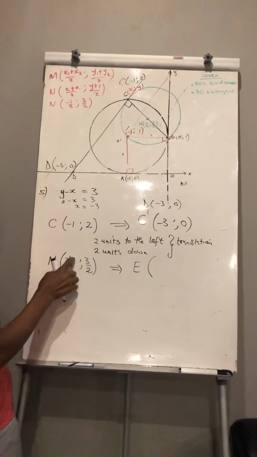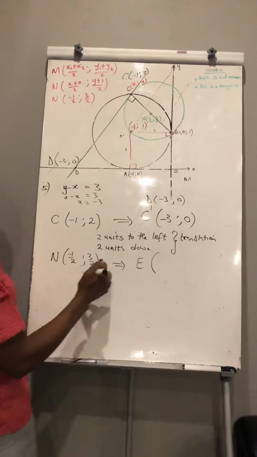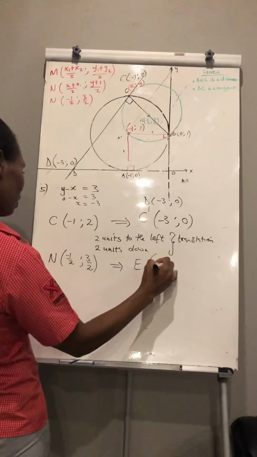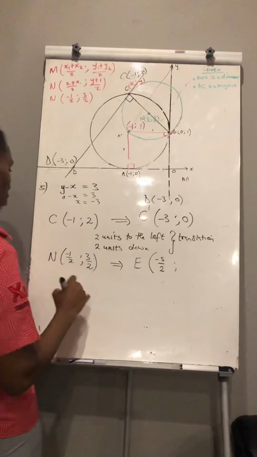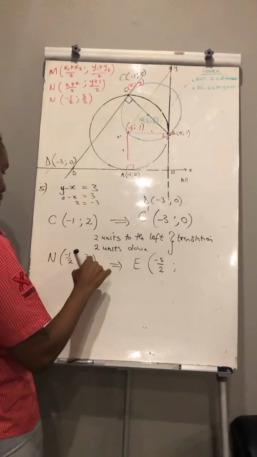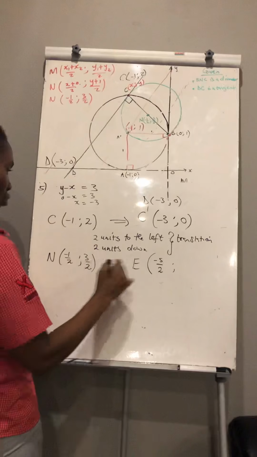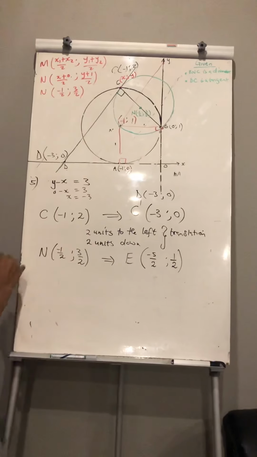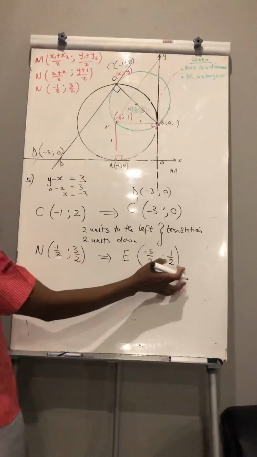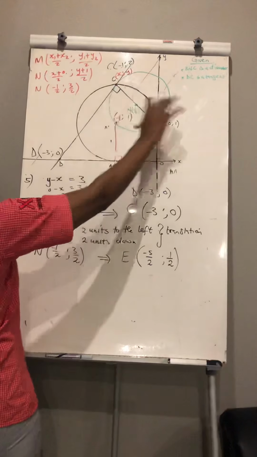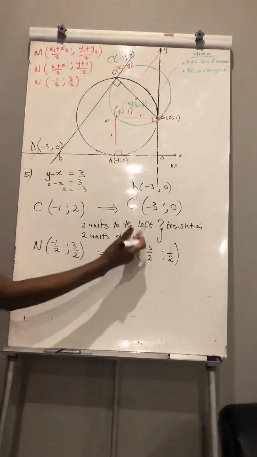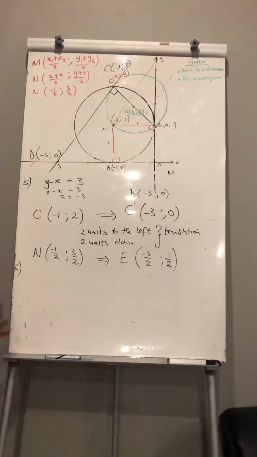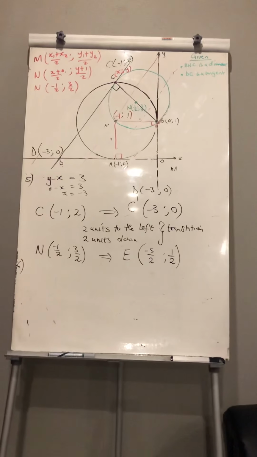We just say -1/2 - 2. I think that should be easy enough. It should be -5/2, and then again you say 3/2 - 2, you should now have -1/2. So that would be the coordinates of the new center of the circle if we translate it using these units right there. Okay, so let's quickly find out what else was asked.